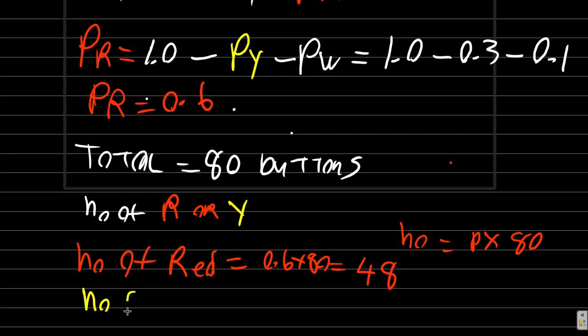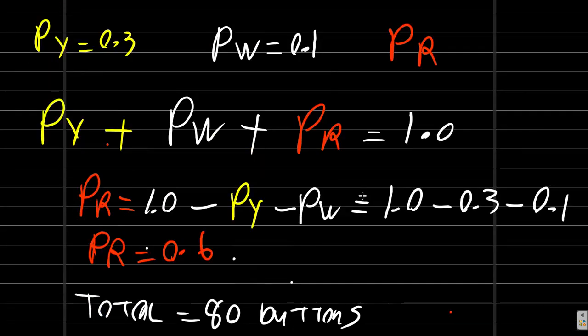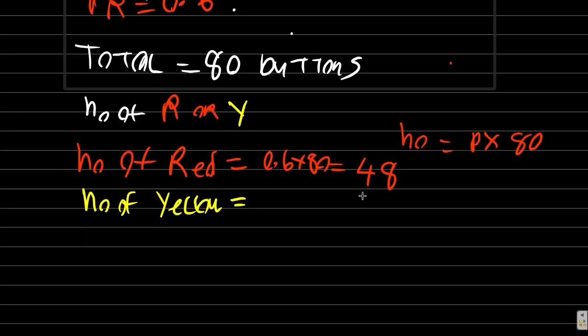And the number of yellow, the probability of yellow was what again? 0.3. So it would be 0.3 times 80, which is 24. Okay?